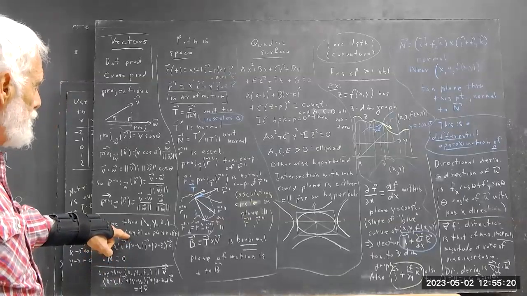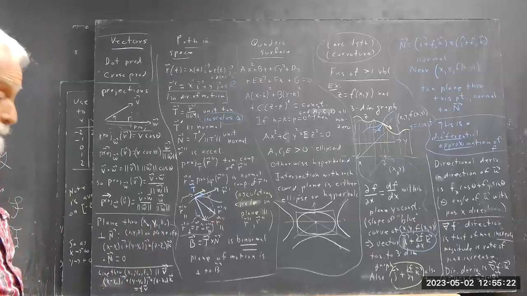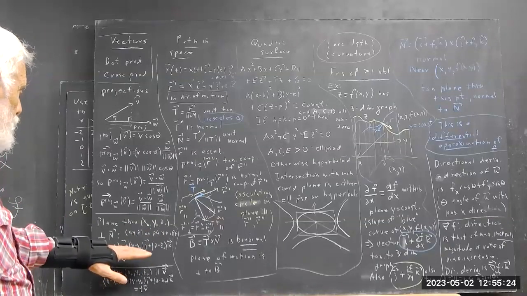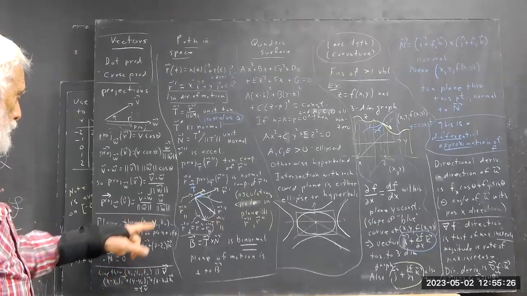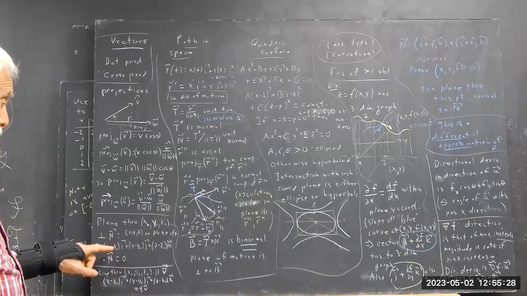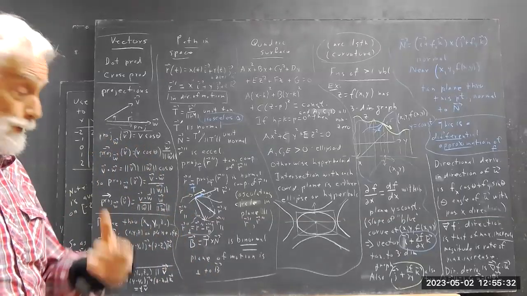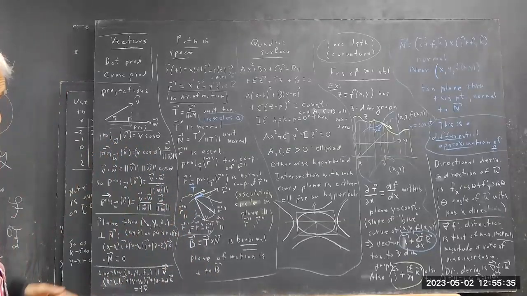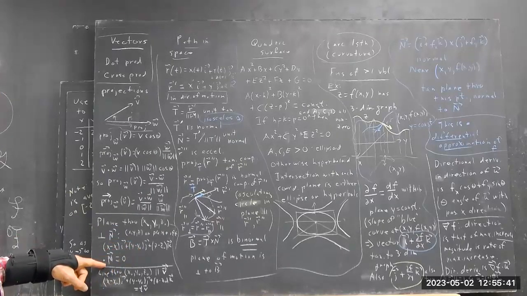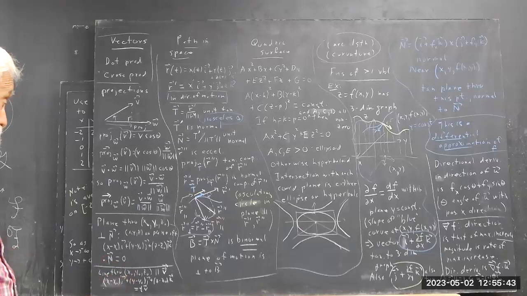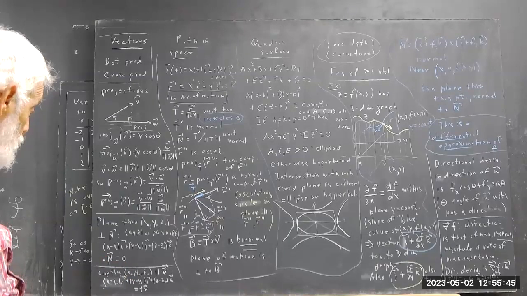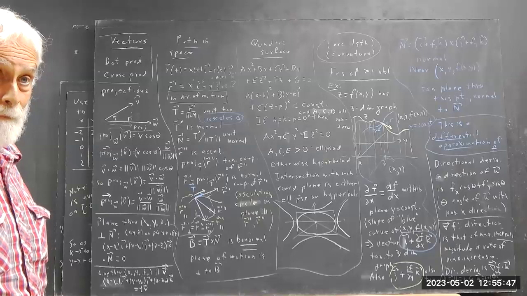A point X, Y, Z is on the plane if and only if the vector from X naught, Y naught, Z naught to X, Y, Z, which is X minus X naught i plus Y minus Y naught j plus Z minus Z naught k, is perpendicular to n. And that means its dot product with n is zero. So that's the equation of the plane.